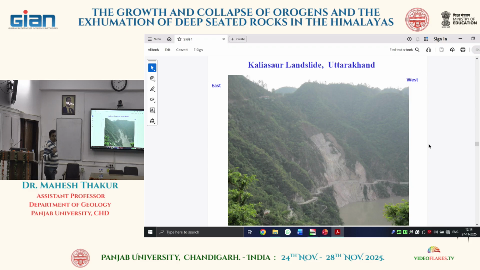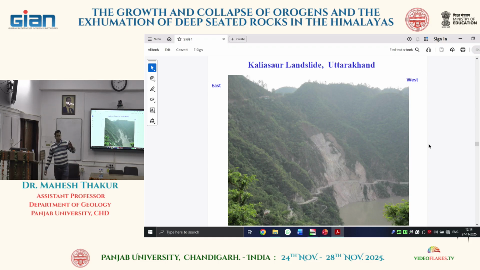Another example is from Uttarakhand. In 2018 we worked here; one of my students did the PhD here. So basically, this is the Kalyasol landslide. Here we see a very hard quartzite rock, and you always have some landslides happening here, a lot of problems.